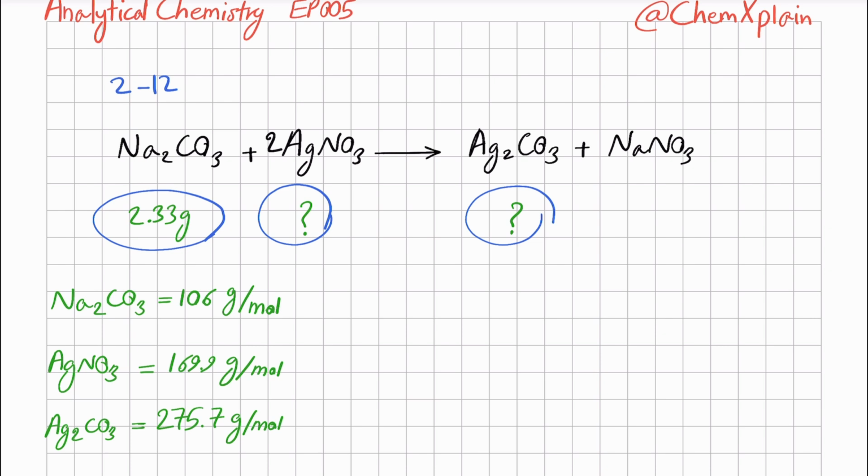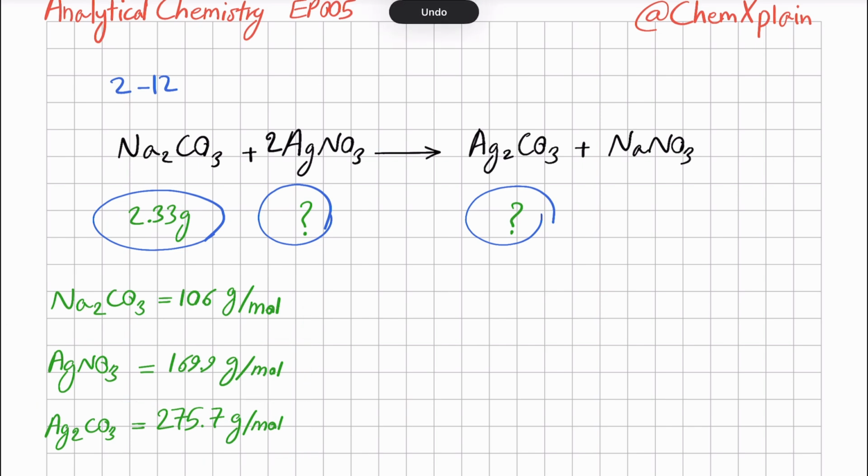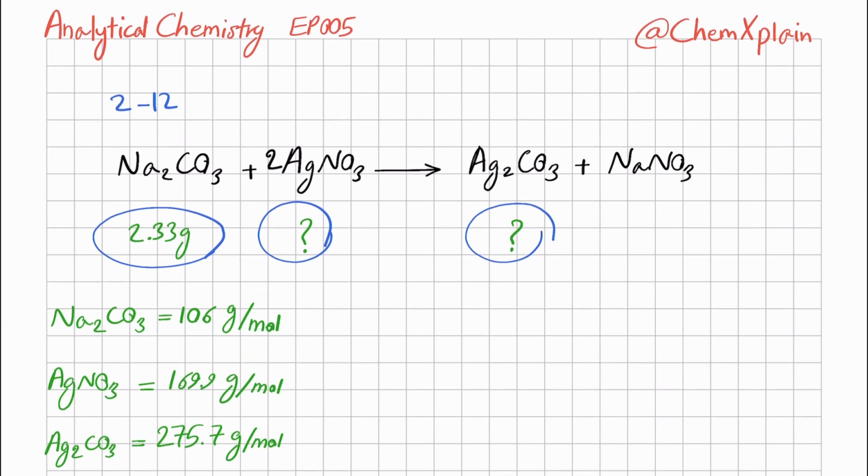On the other hand, we can find some molar masses of different species here, such as sodium carbonate, silver nitrate, and silver carbonate. All of these amounts are available in the handbooks of analytical chemistry and appendix of textbooks.